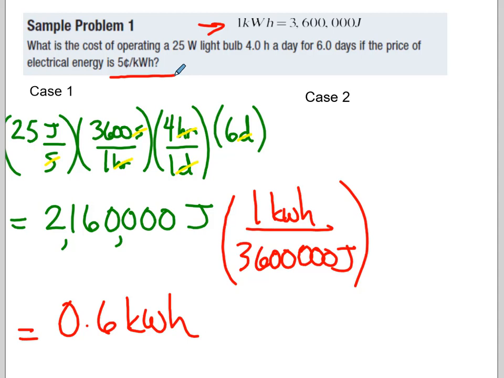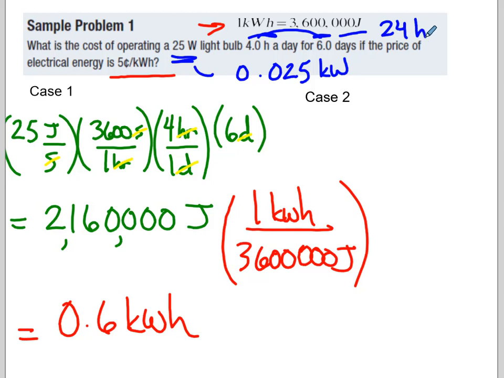Now case 2, and I want you to pick this up because this is a really easy way to do this problem. 25 watts, if we wrote that as kilowatts, would be 0.025 kilowatts. If I take 4 hours a day for 6 days, that's 24 hours total.